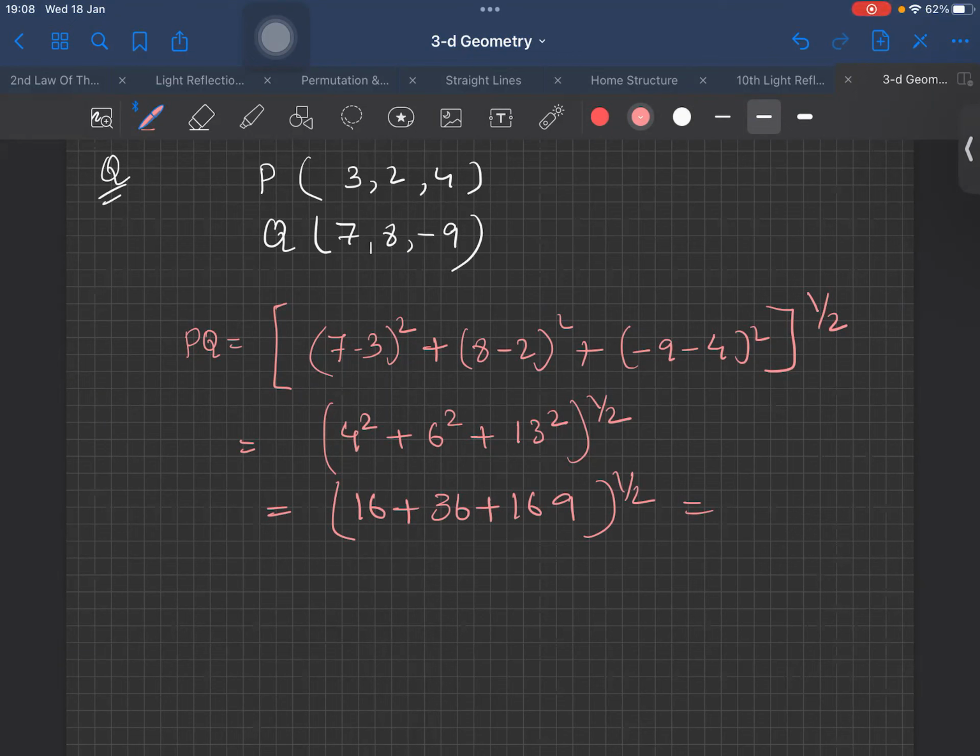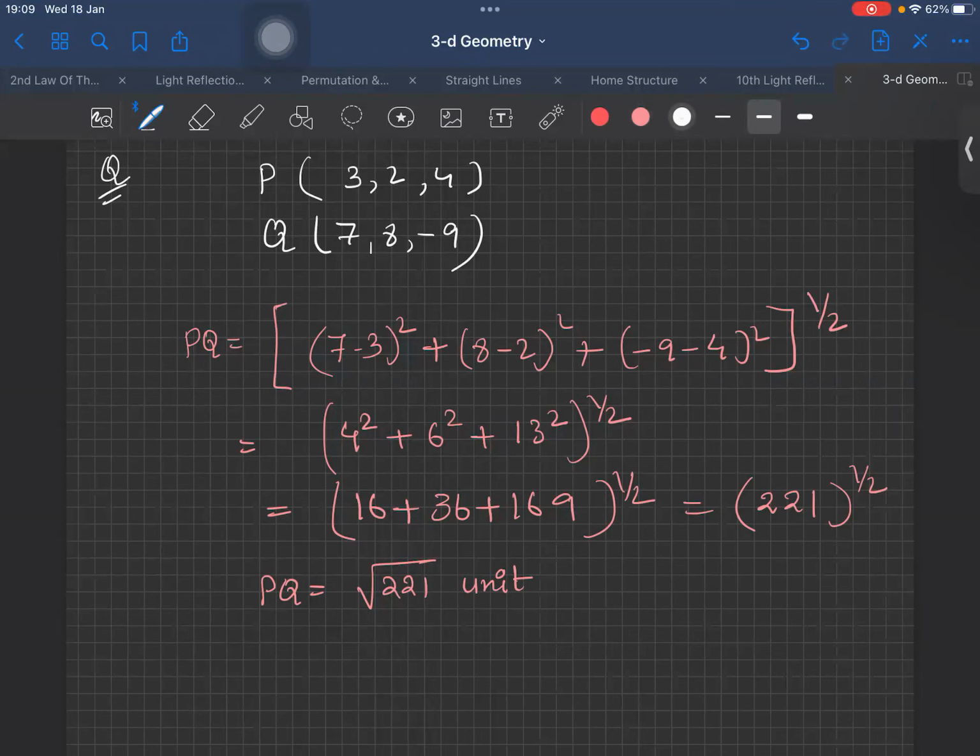Are you sure? Anyone else got a different answer? It's 221. So square root of 221 is the answer, right? PQ will be square root of 221 units. So that's the distance formula.